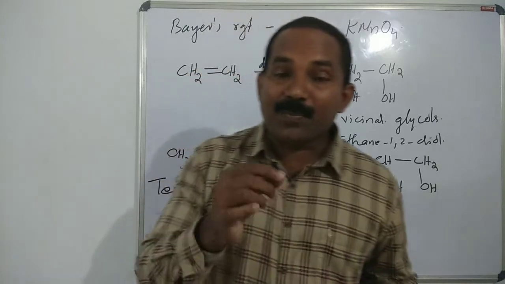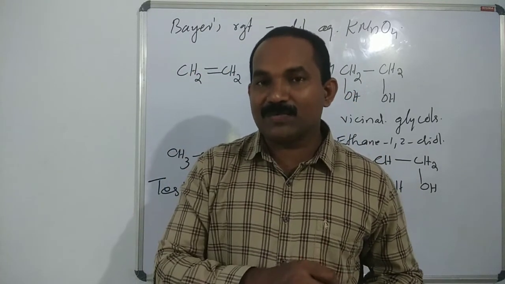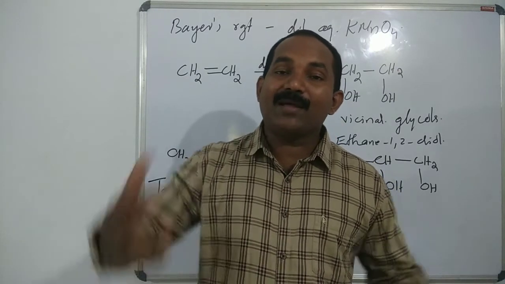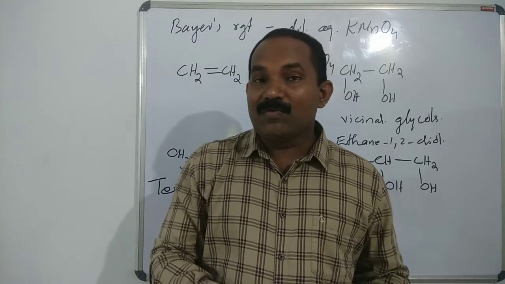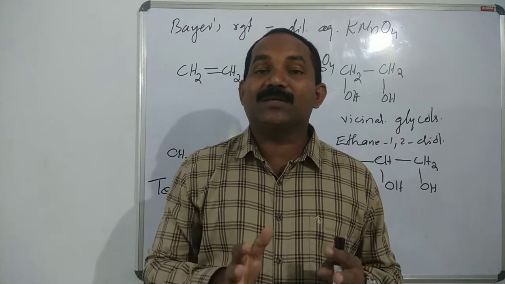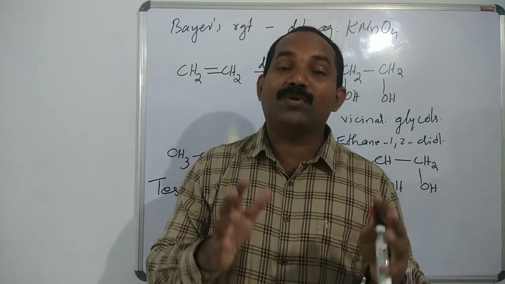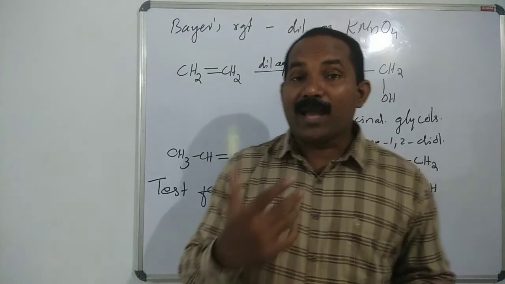So when we add Bayer's reagent to a compound, the disappearance of the pink color means it contains unsaturation, a double bond or triple bond. So it is also a test for alkene.